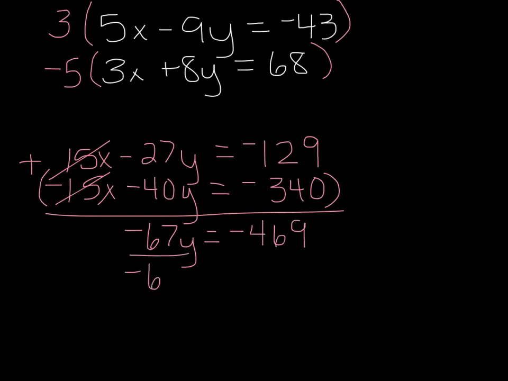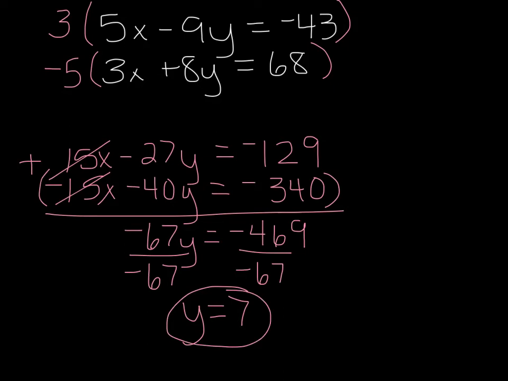Divide by -67, and you get y to be a +7, because it's a negative divided by a negative. All right, so there's your y value. Even though you had some bigger numbers, it worked out to be nice with just 7.